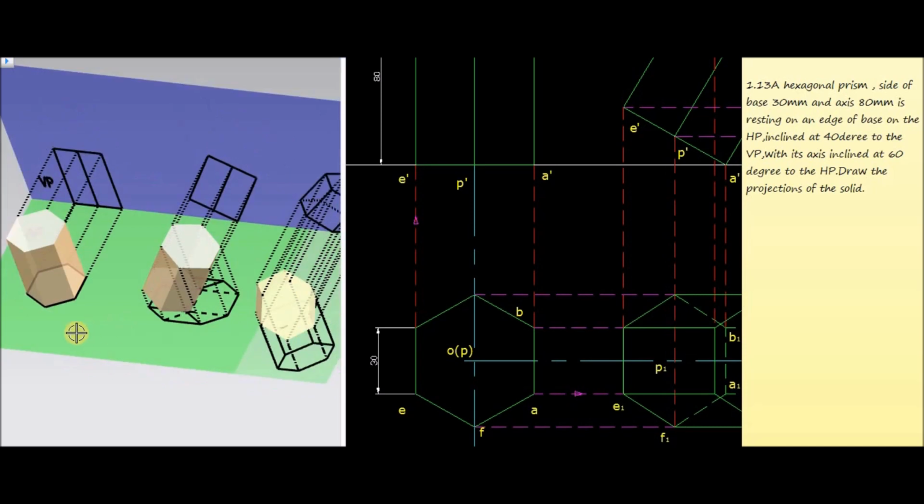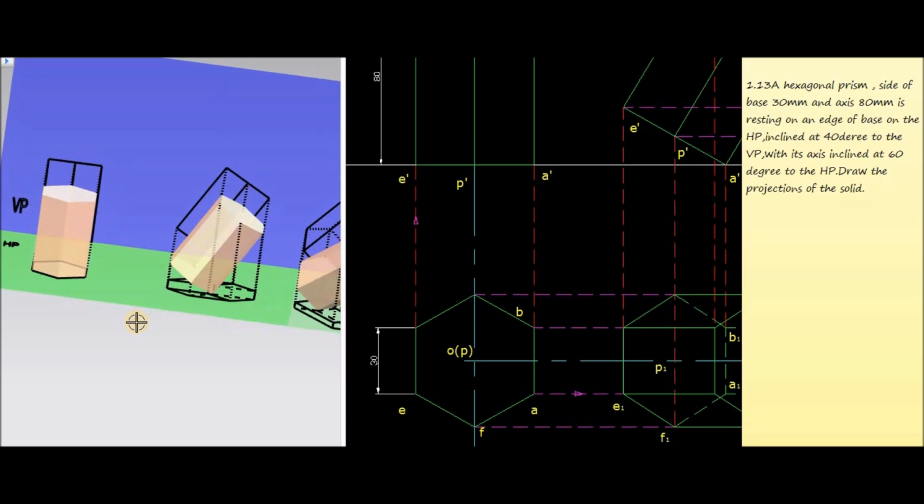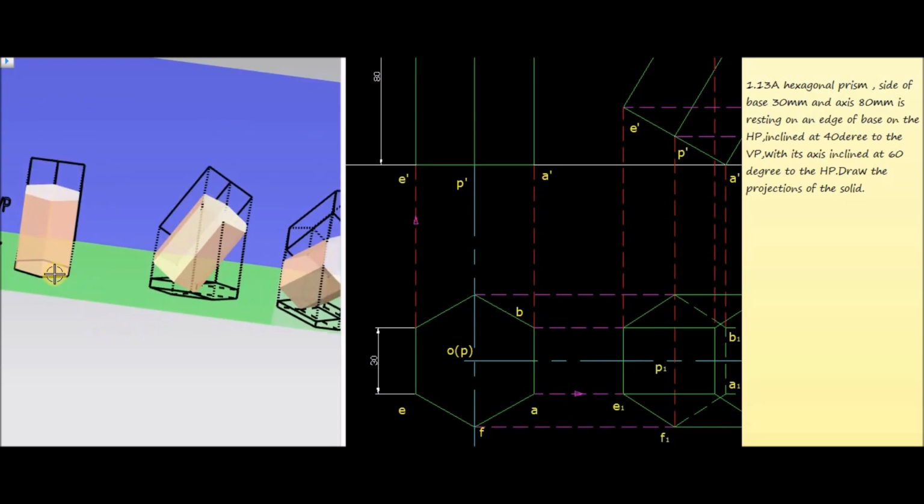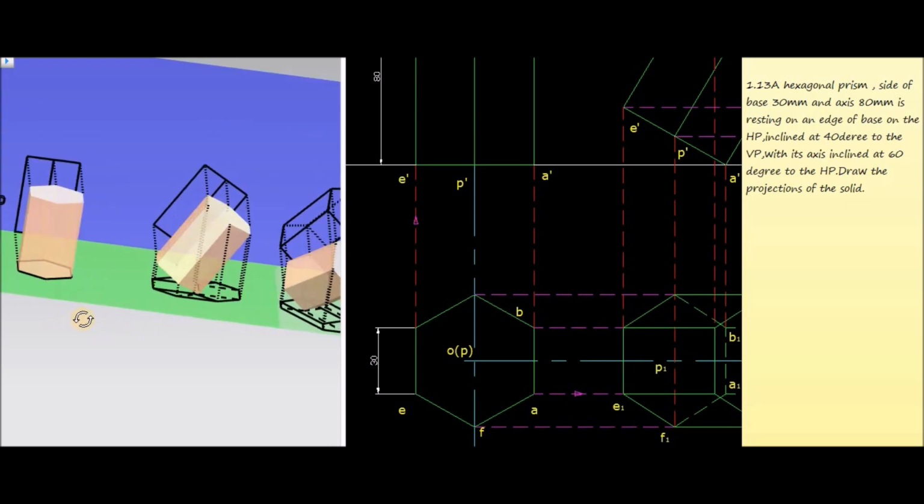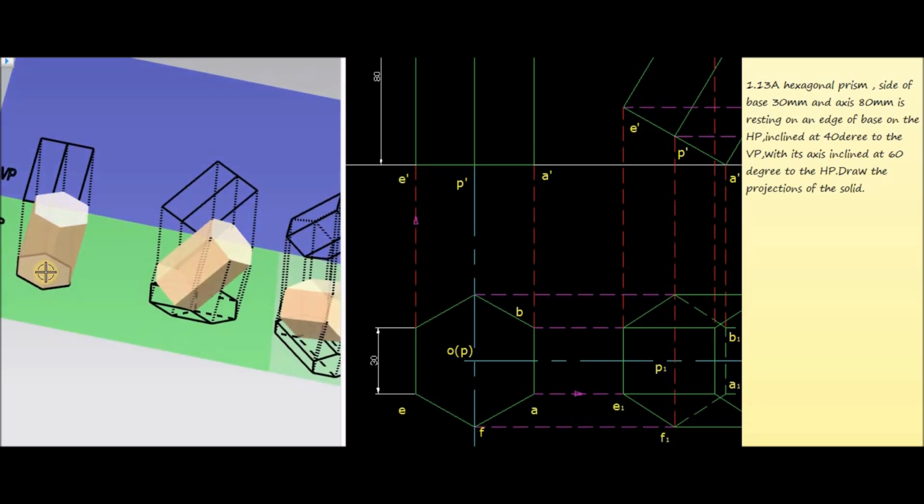Now consider the center point of the bottom face as P and the center point of the top face as O. Then in the first stage we are going to tilt this hexagonal prism, and for that we consider the line joining the center points of the bottom and top faces, that is PO. So PO will be the axis.